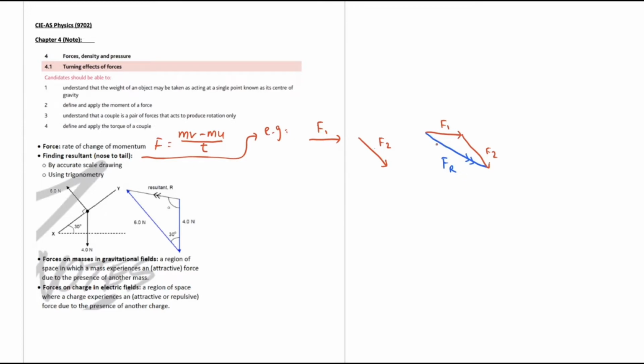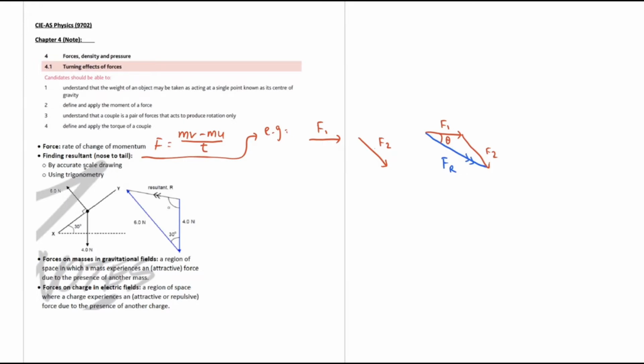After that you can find the direction. The direction normally we count from the horizontal or vertical. For this case, since I have the horizontal, I just count this angle to find out the direction of the resultant force. So for resultant force, we need magnitude and direction.